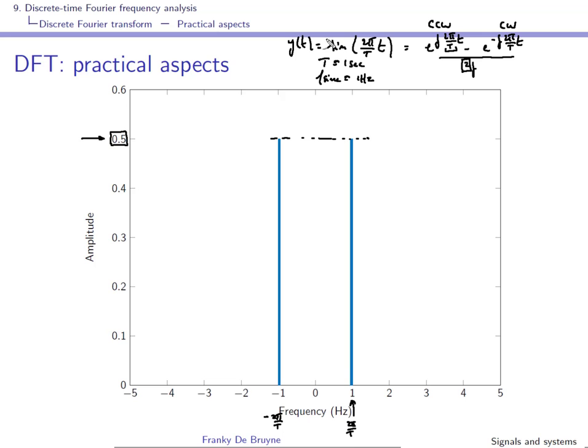Since we have an amplitude of 1 in the spectrum that only considers positive frequencies, what we would like is to have the original amplitude. So we multiply the spectrum by a factor 2, so that we have a spectral line of amplitude 1. We just have to pay attention at the zero frequency, because there you should not multiply by 2.